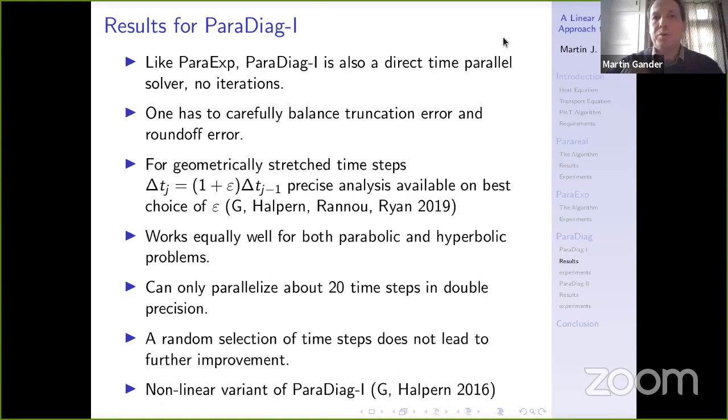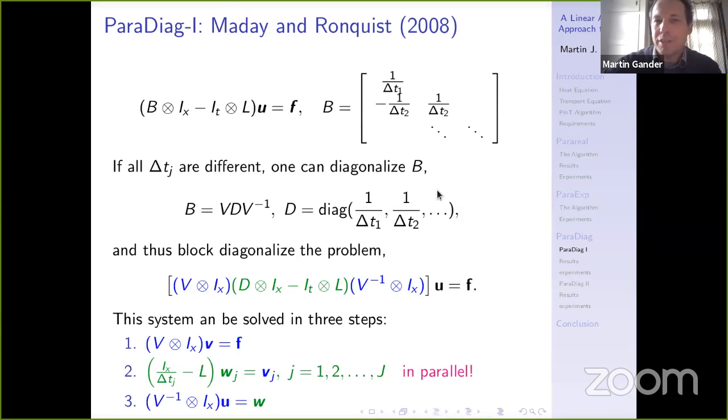So what is known about this ParaDiag-I type algorithm? It's again a direct solver like ParaExp. There are no iterations. One has to be extremely careful to balance truncation error and round-off error, because when you diagonalize a matrix like this, it almost looks like a Jordan block. If all these time steps are the same, it actually is a Jordan block, so you cannot diagonalize it.